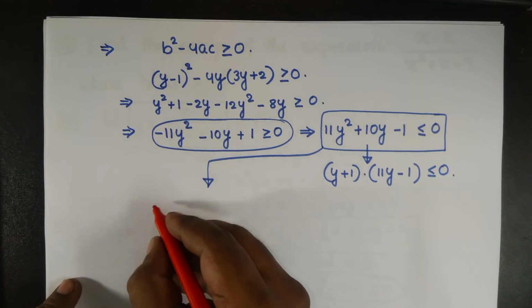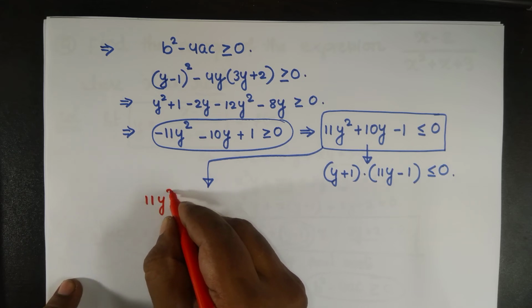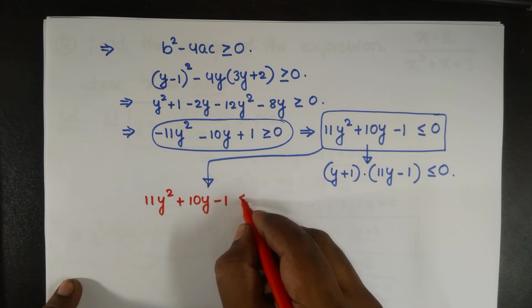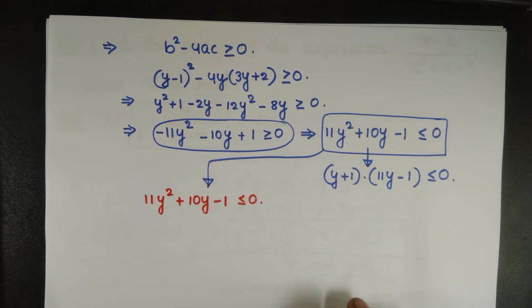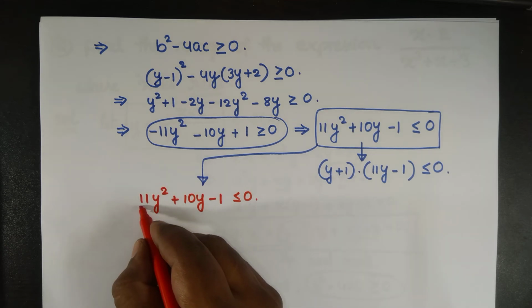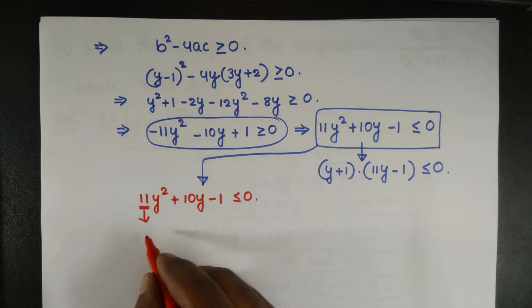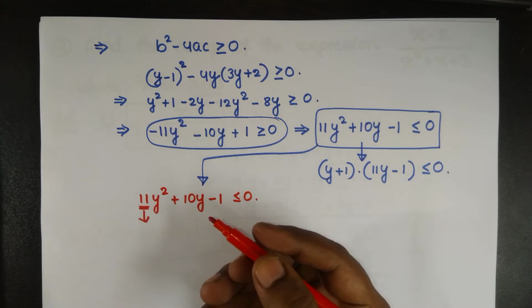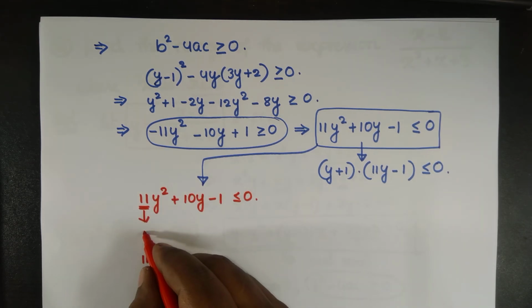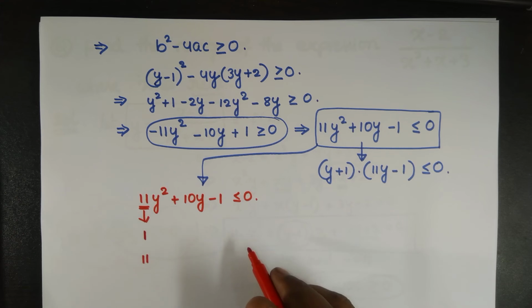For example, what I have is this: 11y square plus 10y minus 1 less than or equal to 0. Okay, now this 11, the factors of 11, I can say 11 ones or 1 11s, right? So 1, 11, always take the lower factor first.